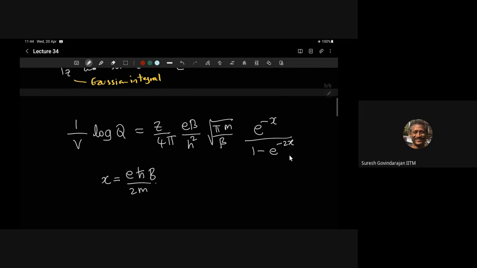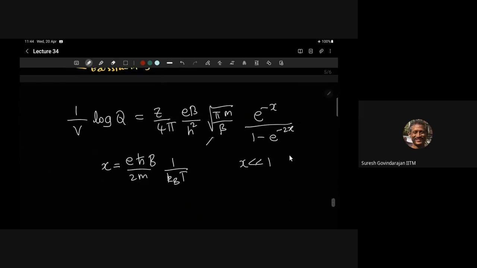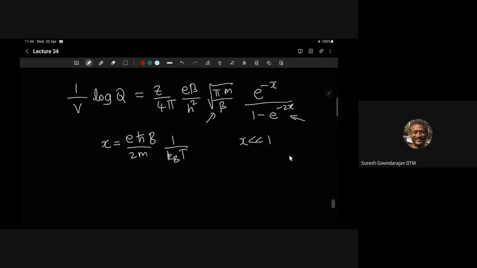So this is a magnetic thing, mu B dot this thing divided by 1 by kB. At high temperatures, X is much less than 1. So this is what we get, a Gaussian integral and a geometric series.